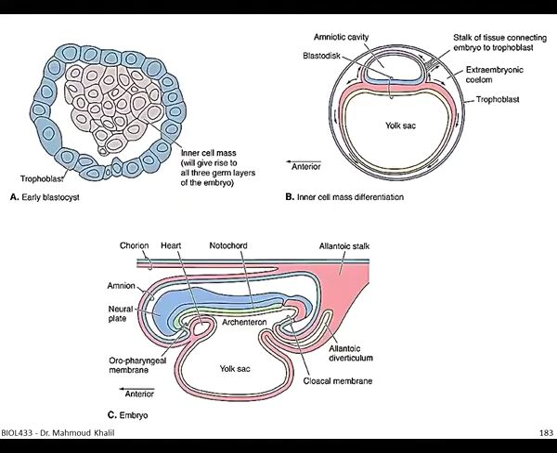Going again to see the whole picture, you can see that the early blastocyst consists of the trophoblast and the inner cell mass. Soon after that, the inner cell mass differentiates into the epiblast and the hypoblast, and two cavities arise, the amniotic cavity and the yolk sac.